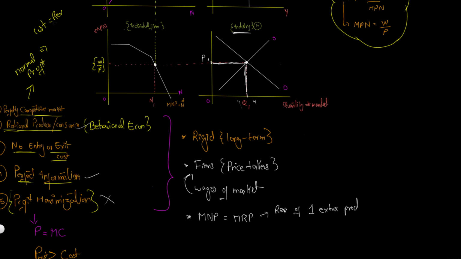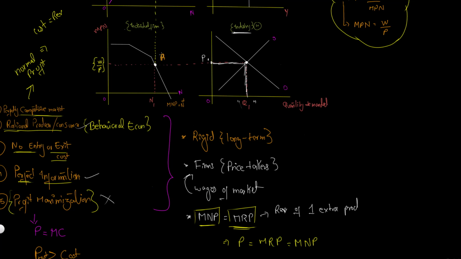But we are assuming that whatever is the marginal product of labor is gonna be the same as the marginal revenue product, and firms will hire where price is equal to MRP, or marginal revenue product, which is point B over here.